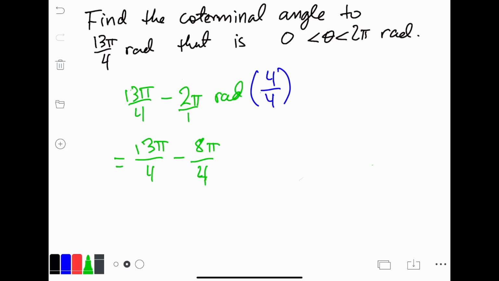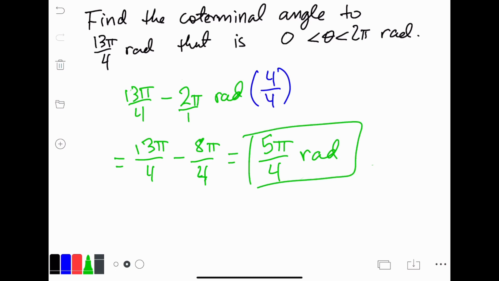Notice 8 pi over 4 is still just 2 pi. But here we now get 5 pi over 4 radians. And this here is an angle in the first revolution.